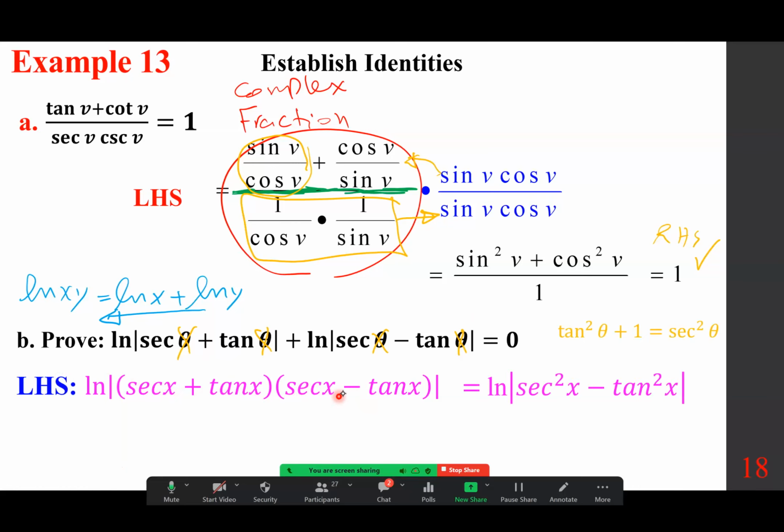We had looked at this before. So if we move this to the other side, secant squared minus tan squared becomes 1. And ln of 1, we should know, equals 0. And that's the proof.